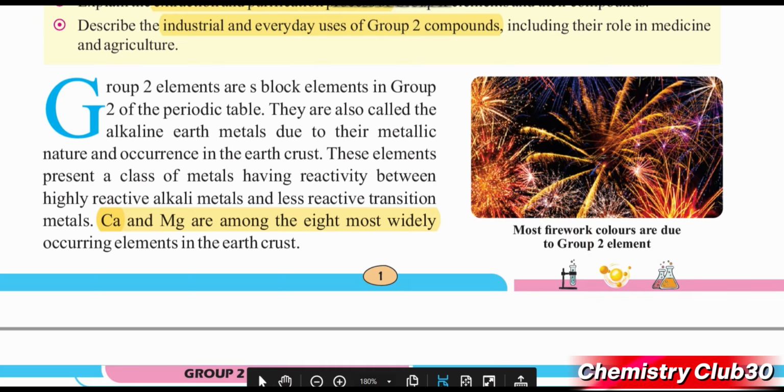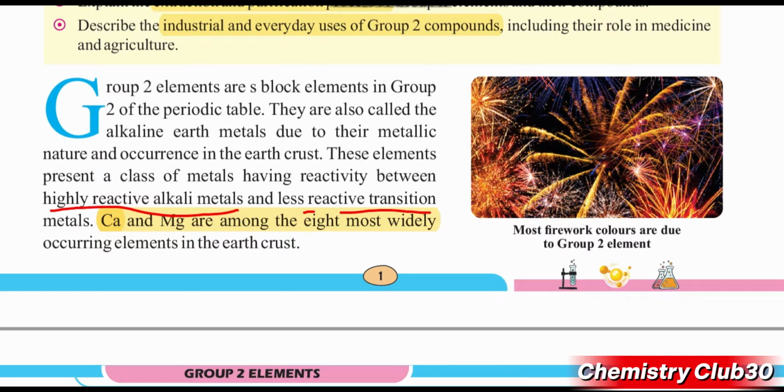These elements have moderate reactivity, that is, their reactivity is in between. Alkali metals are more reactive than alkaline earth metals, and transition elements are less reactive than the group 2 elements. Calcium and magnesium are amongst the eight most widely occurring elements in the earth's crust.